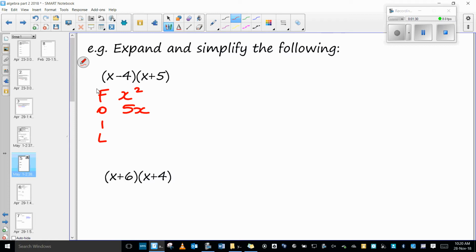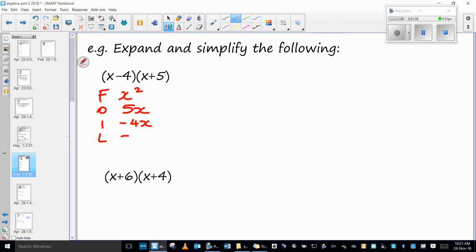Good girl. And then our L stands for, Eve, what did L stand for? Last. So the two last terms are negative 4 and 5. And what value would we write there, Sarah? We would write negative 4.